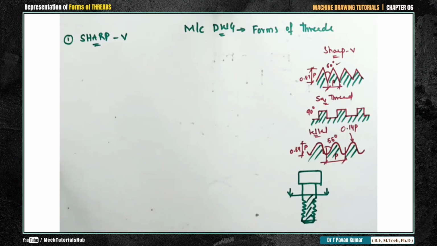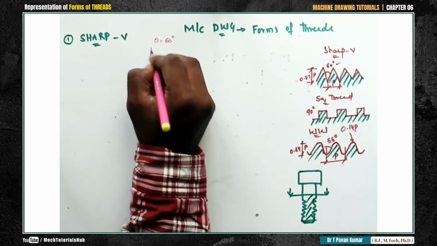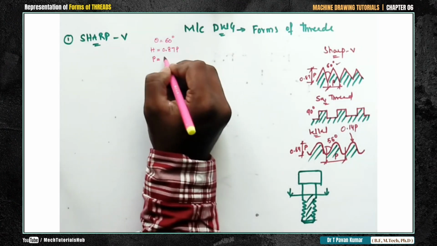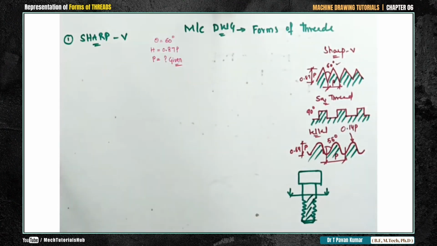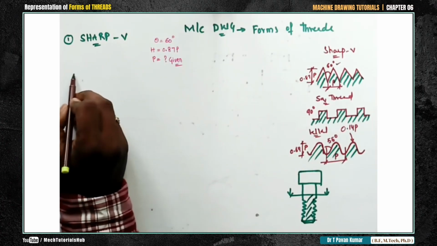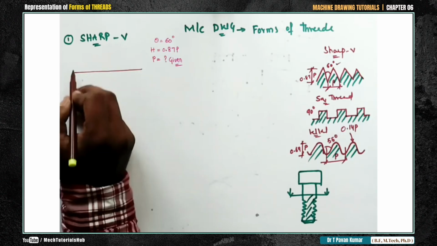By considering the height 0.87 p, initially draw one locus, infinite distance. At a height of 0.87 p, draw one more locus parallel to the baseline. Ten mm away, start your profile. As it maintains 60 degrees inclination between two inclined lines, initially I'll make a point at some offset distance.